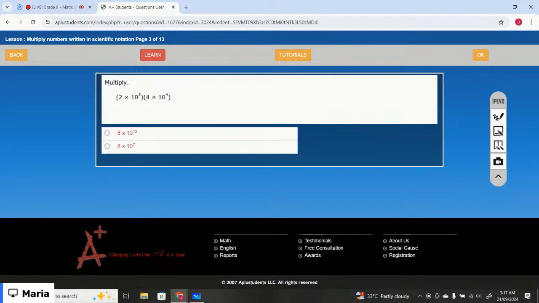The correct option is 8 times 10 exponent 7. Option number 2 is the correct option.